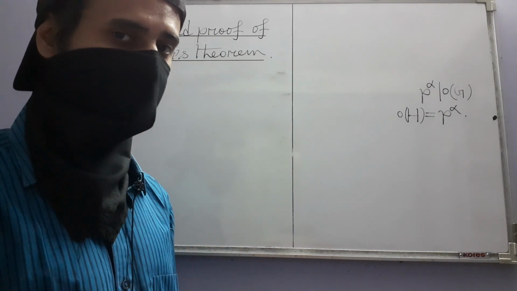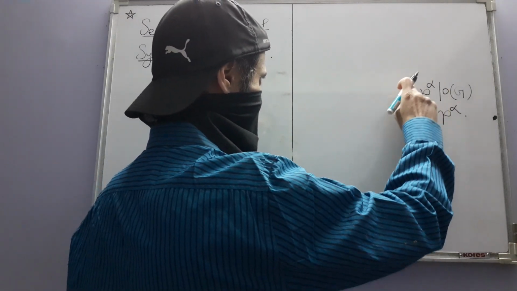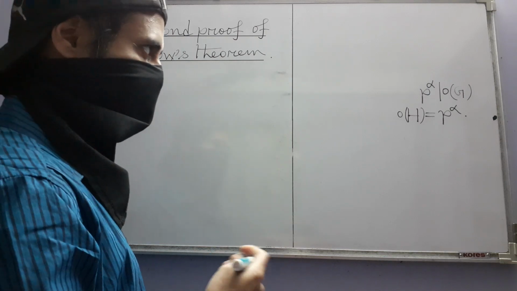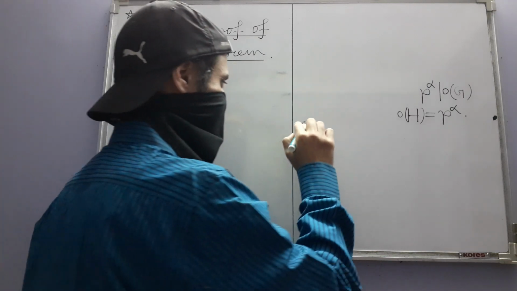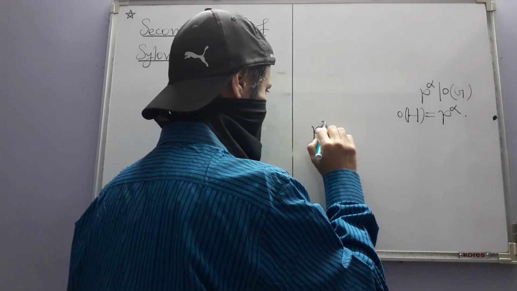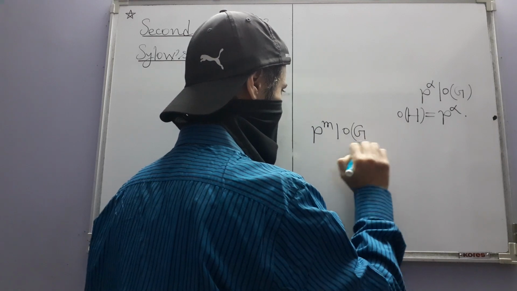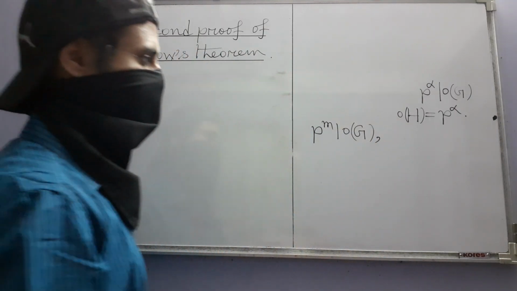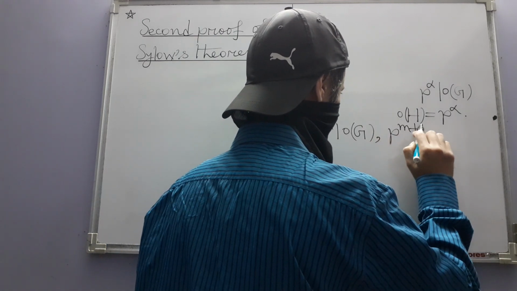So let's recall what a p-Sylow subgroup is. If such a power of p divides the order of G, that is not necessarily the largest power of p dividing the order of G. Say that largest power is p to the power m. That is, p to the power m divides the order, but the next higher power does not.